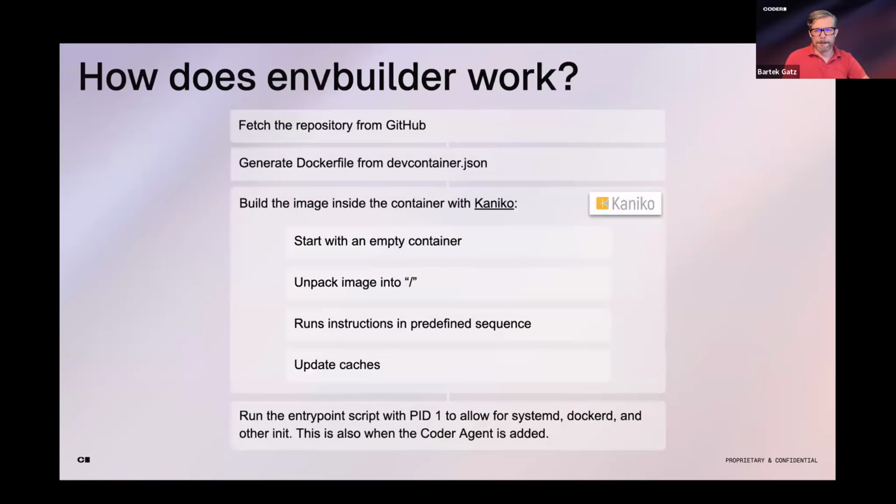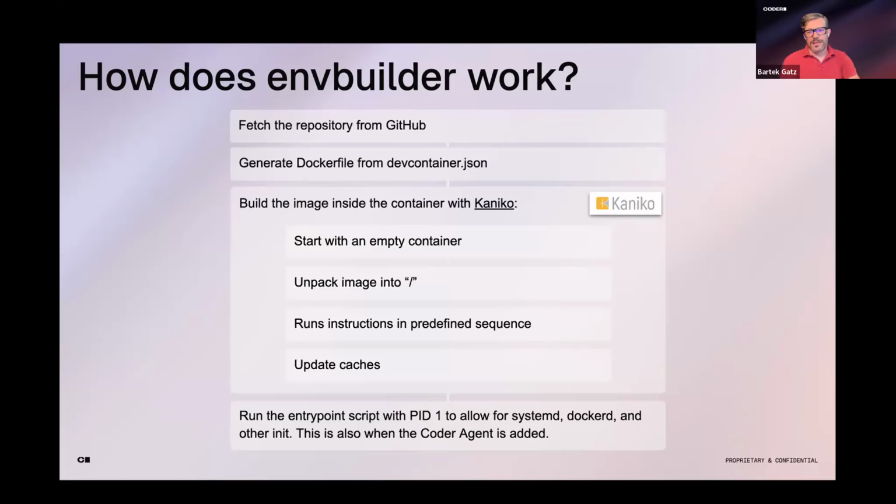On this slide, you see the steps performed within Coder that allow Envbuilder to work, or actually for the developers to get the workspace that is represented by a dev container file. It all starts by fetching the repository from GitHub where the devcontainer.json is. Then we generate the Dockerfile from the devcontainer.json.